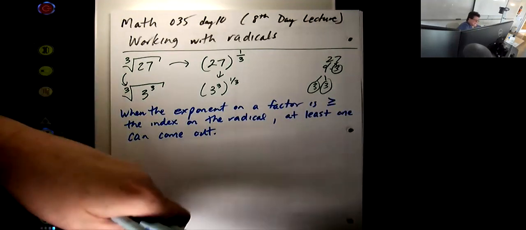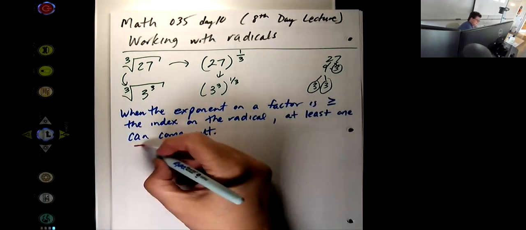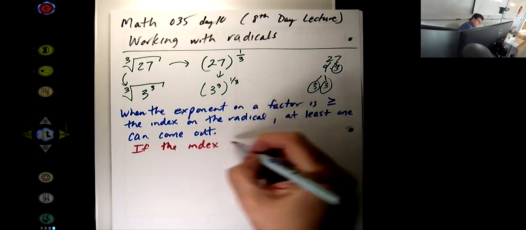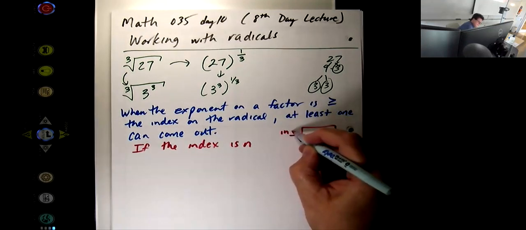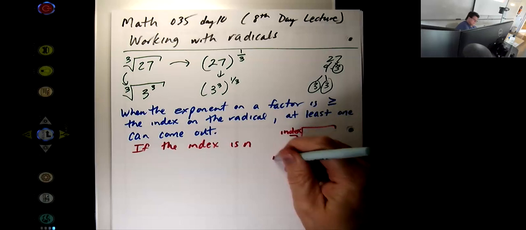So if the index is n, let's say that. If the index is n, and when I say index, I mean this thing right here is the index. This is called the radical sign.